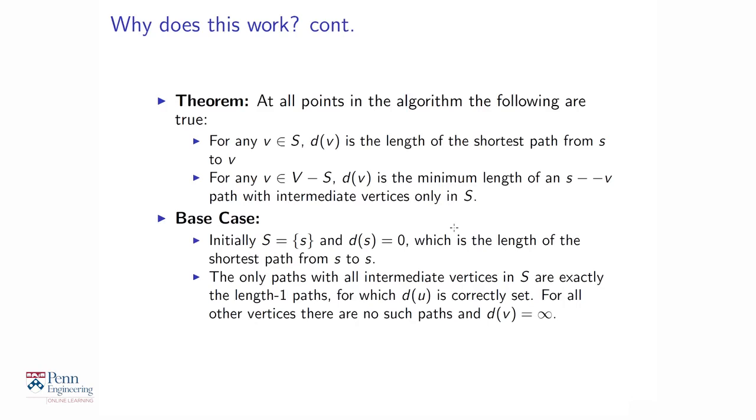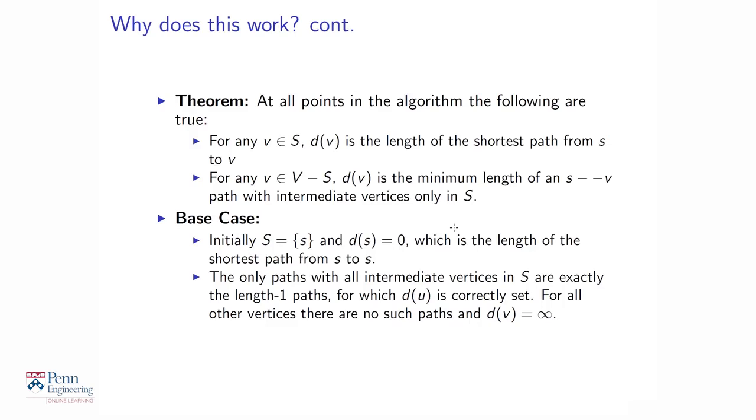So now for the main theorem that proves the correctness of the algorithm. At all points in the algorithm, the following invariants are true. And this is, by the way, a standard method for proving an algorithm correct. You show that certain invariant properties are true from iteration to iteration, and then if they hold at the very end, that immediately implies that the algorithm is correct. So this is a style of proof that we are illustrating in this one example.